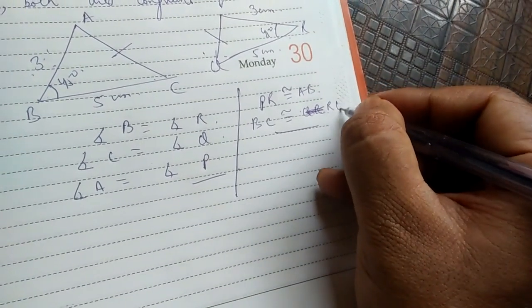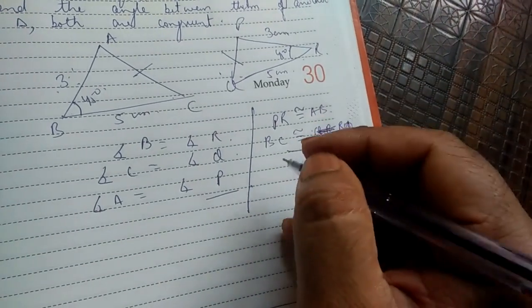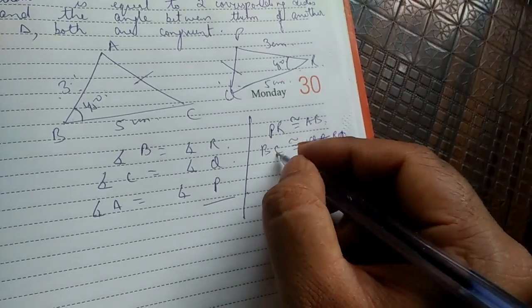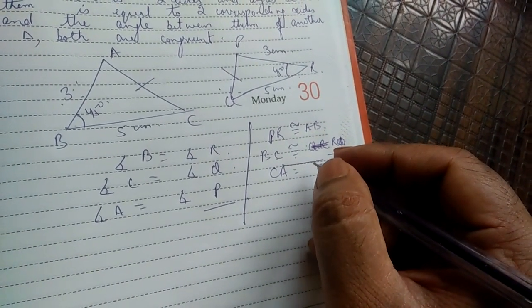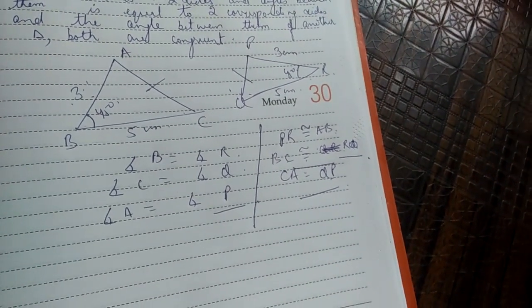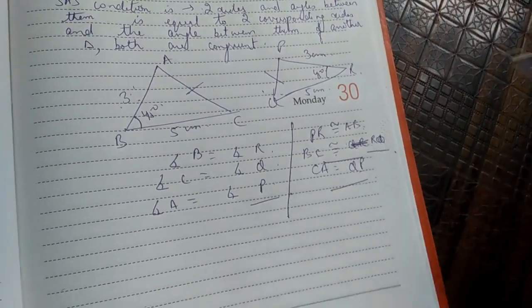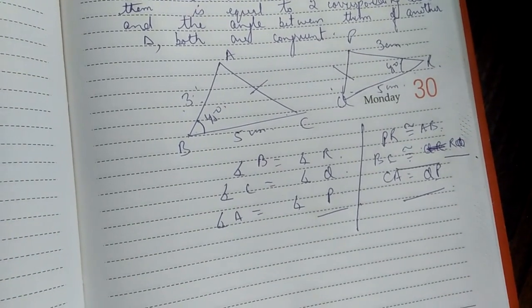The third side is CA, which is equal to QP. So we have found the corresponding angles and the corresponding sides. So this is the SAS condition of congruency of triangles.